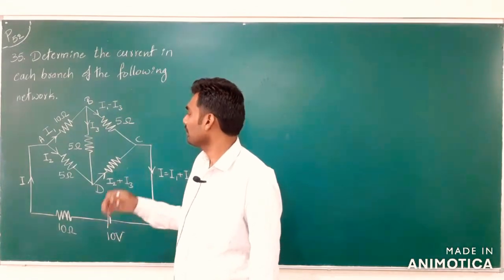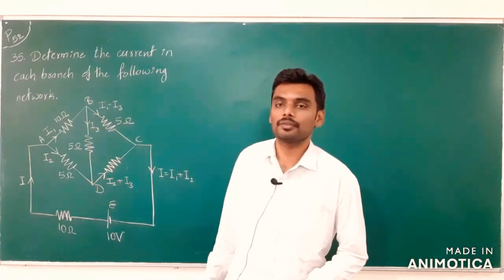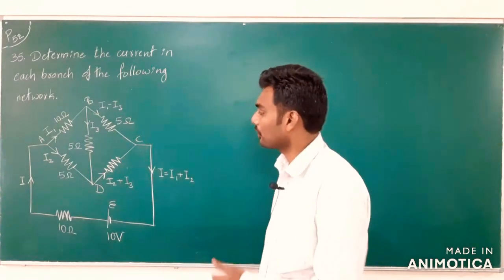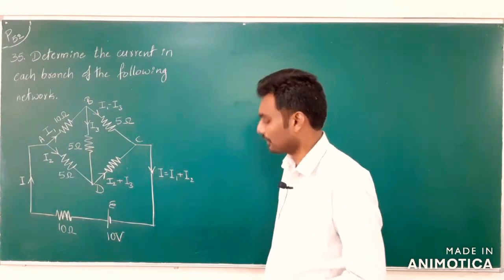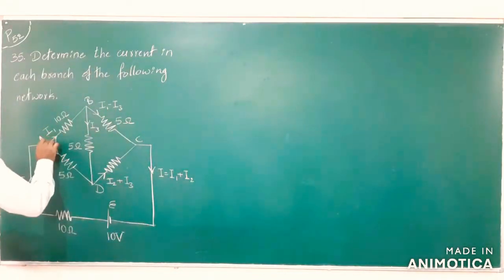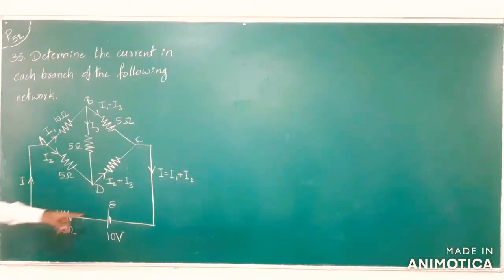But again, no combination rules will work here. We have to go for KVL applied to different branches. They have named the nodes or points as A, B, C, D, and this is the EMF of the cell.